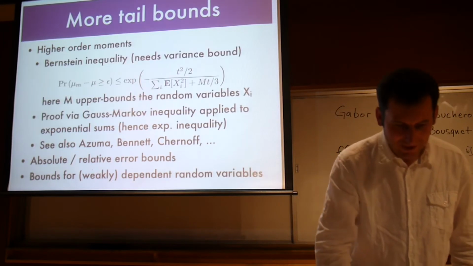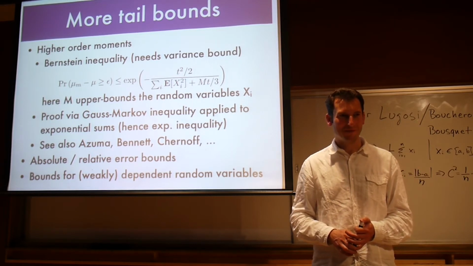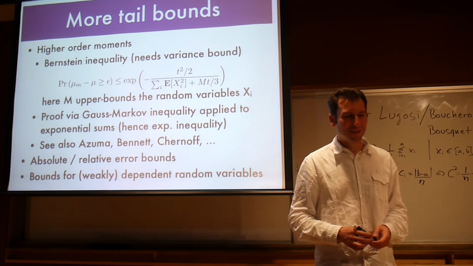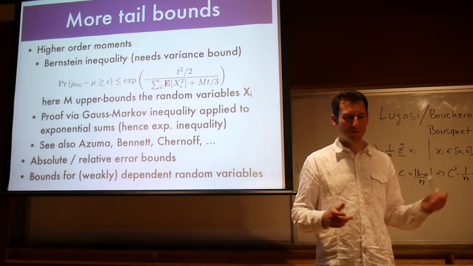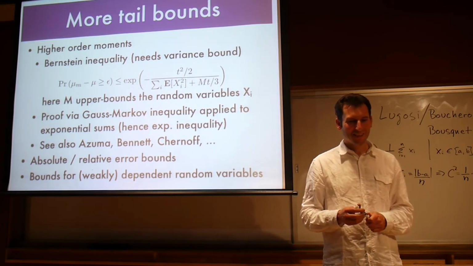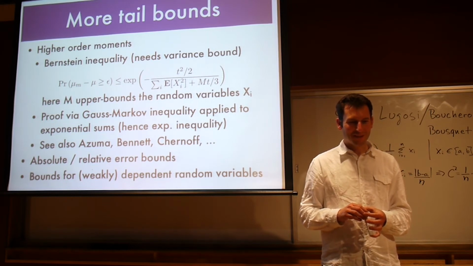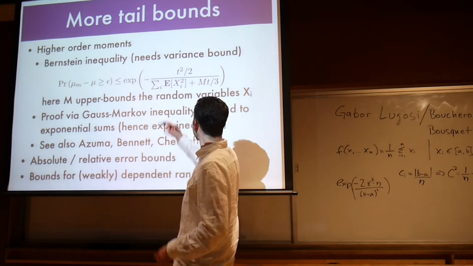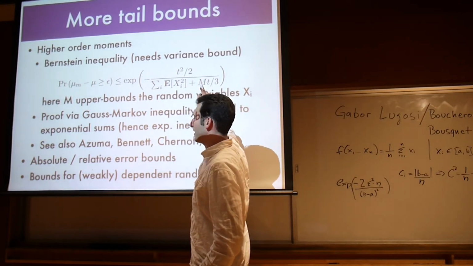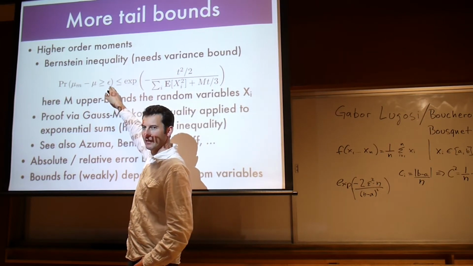So there's an entire industry of people who do tail bounds. And it's probably one of the rather fun parts of machine learning and statistics, at least if you like that kind of stuff. There's things like the Bernstein inequality, and the interesting thing is that this can give you slightly faster rates for not so high levels of accuracy.